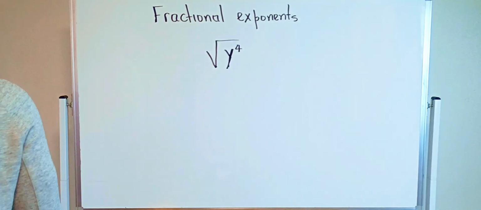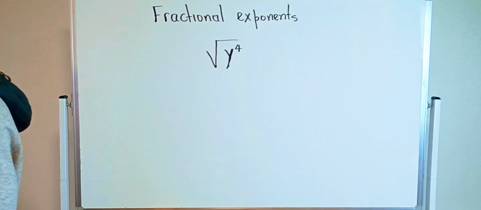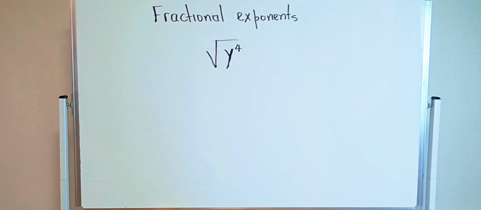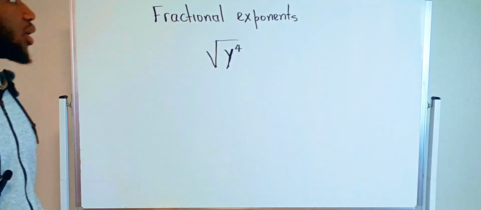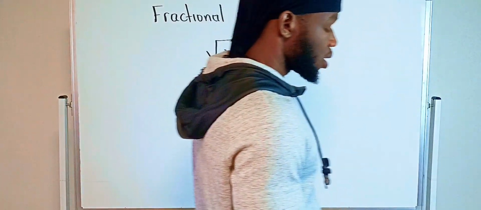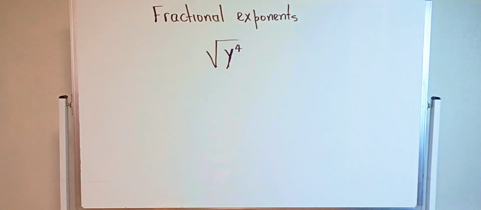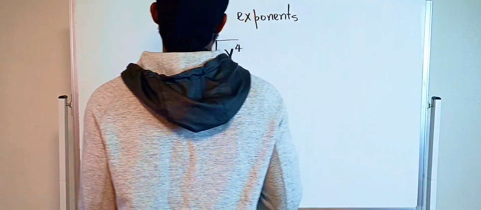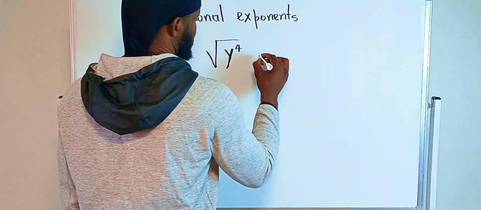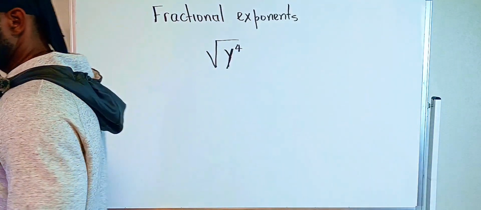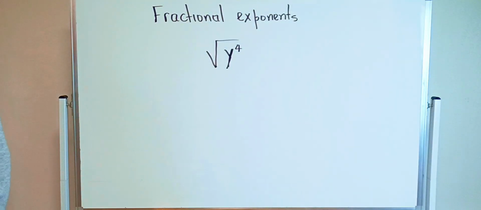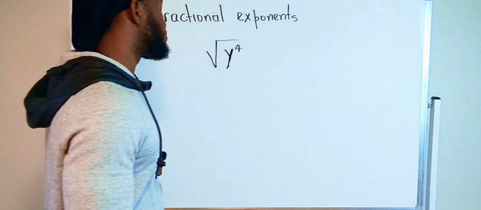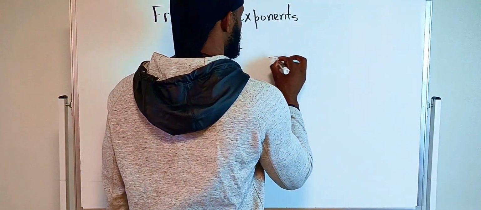Okay, guys, so let's move on with fractional exponents. A fractional exponent is another way to express a radical without the radical symbol. So let's go. How do you do that?